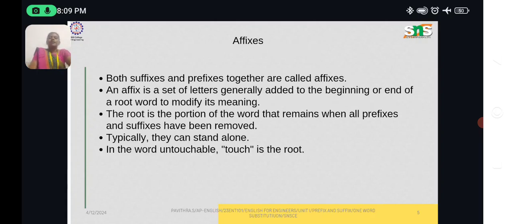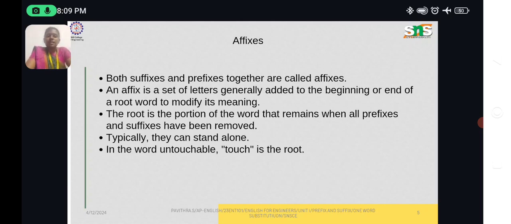Here, prefixes and suffixes together are called affixes. I have already told this in the beginning. An affix is a set of letters generally added to the beginning or end of a root word to modify its meaning. This we have also discussed in the previous slide.